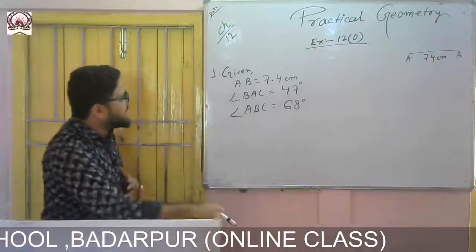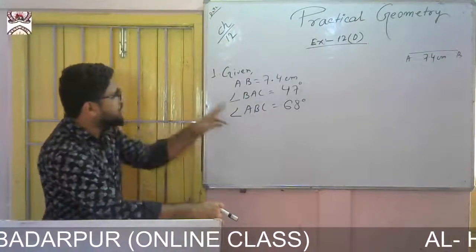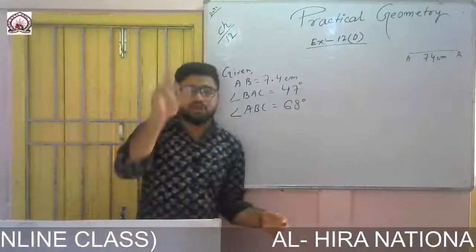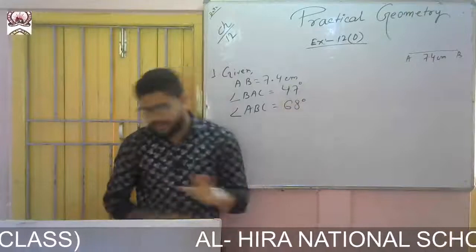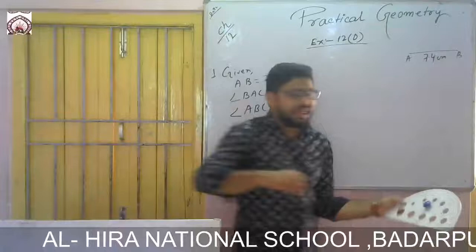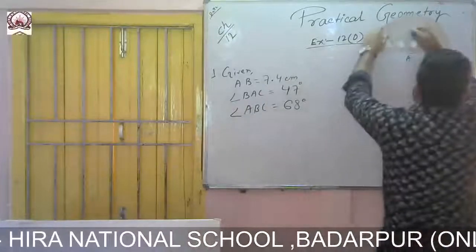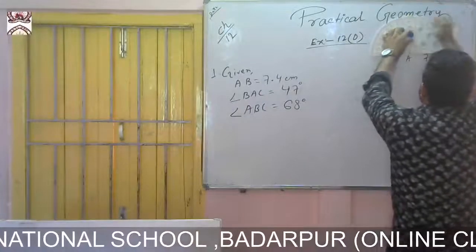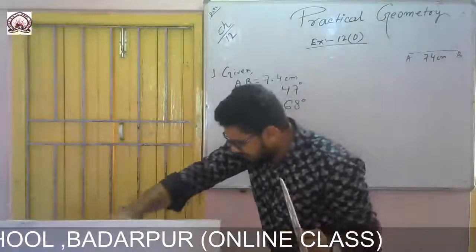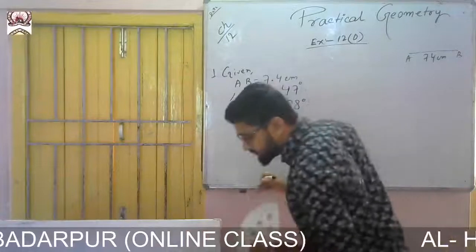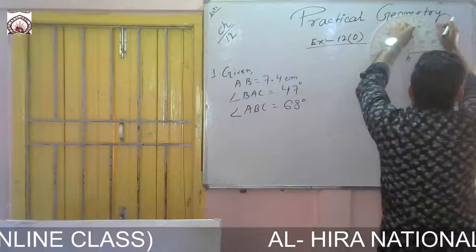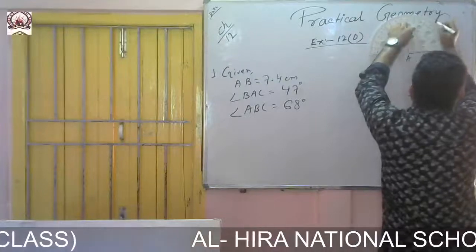So angle BAC equals 47 degree. So we shall construct angle A equals 47 degree. So use your protractor to draw angle 47 degree. All of you take your protractor and place your protractor at center A, at point A. And count 0, 10, 20, 30, 40, then 45, 47.